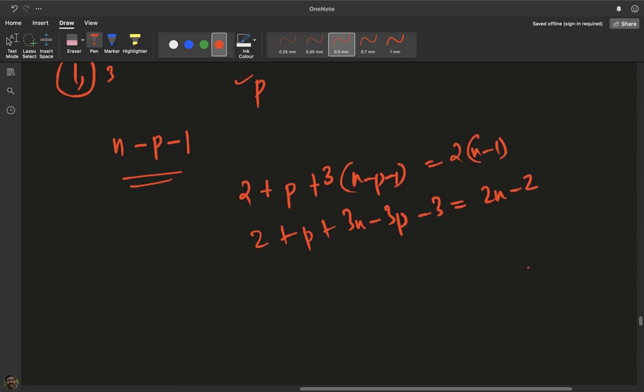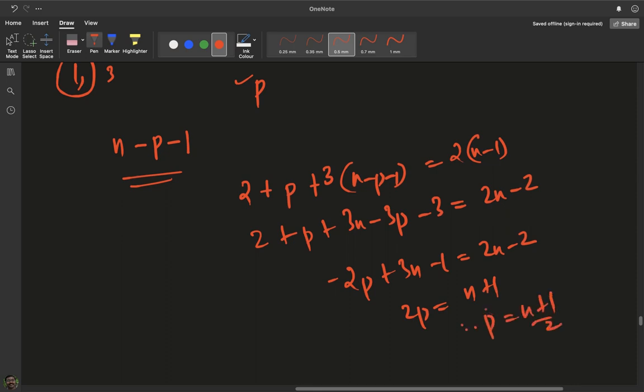Solving again, it is minus 2p plus 3n minus 1 equal to 2n minus 2. Therefore 2p equals 3n minus 2n, that is n, minus 1 plus 2, so it is n plus 1. So p is equal to (n plus 1) by 2.